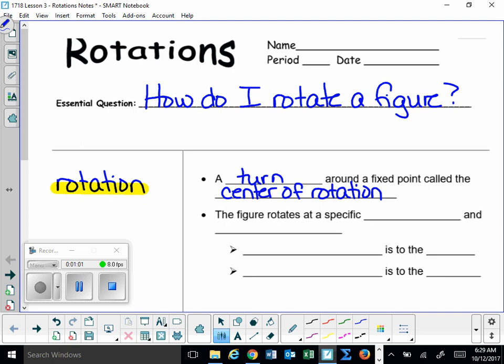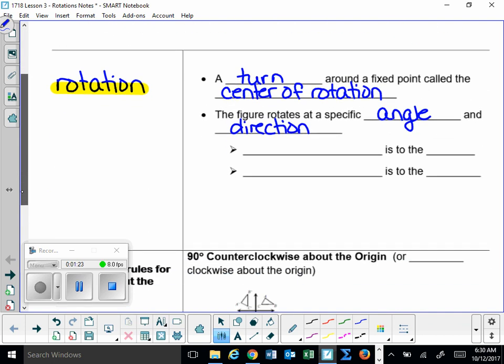A figure rotates at a specific angle and in a specific direction. Now, when you did rotations in elementary and middle school, they were always 90-degree angles or increments of 90-degree angles. That can change, but we do tend to stick with the basics.